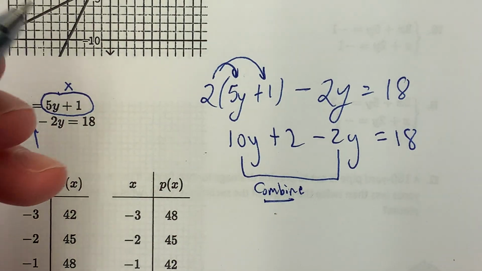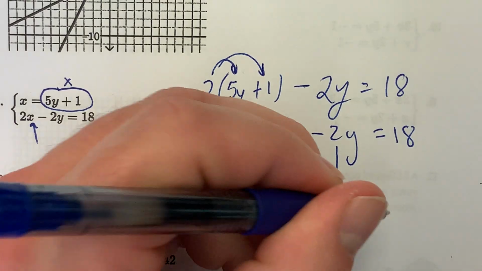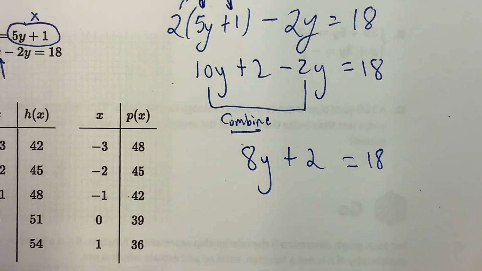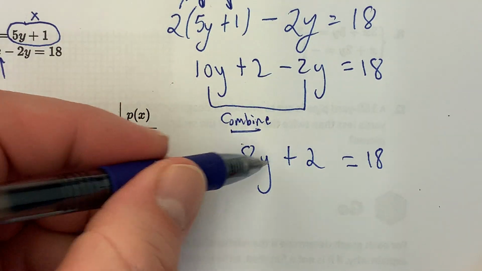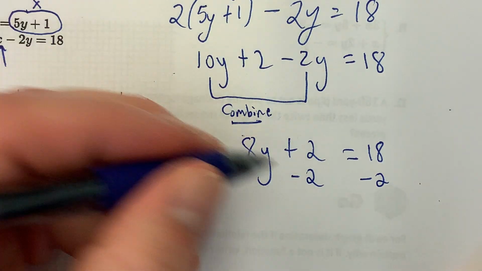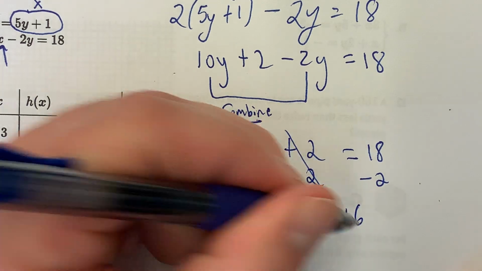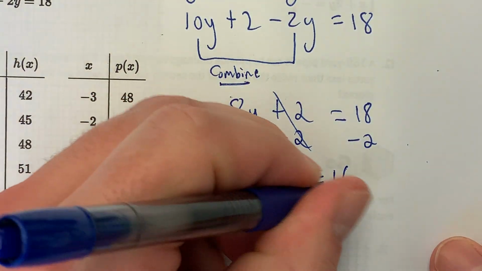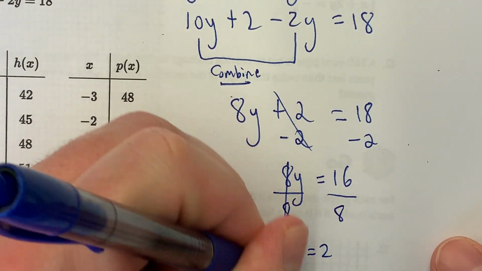So 10y take away 2y is 8y. Bring down the plus 2, bring down the 18. Now go ahead and move something. And since there's no letters over here, we're just going to minus 2 on both sides. And now divide. Divide by what? 8. And the answer is y equals 2.